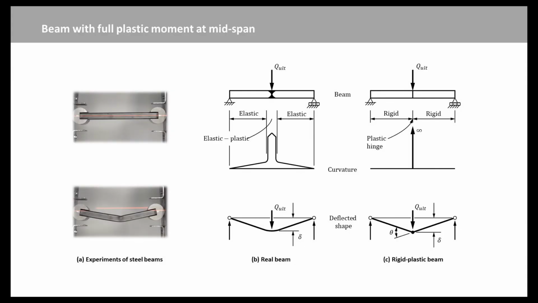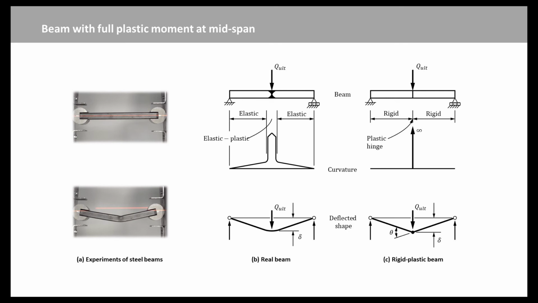The consequences of the rigid plastic assumption on the theoretical behavior of a simply supported beam with a central concentrated load are shown in these figures. In the real beam shown in Figure B, there is a finite length of the beam which is elastic plastic, and in which the curvatures are large, while the remaining portions are elastic and have small curvatures.